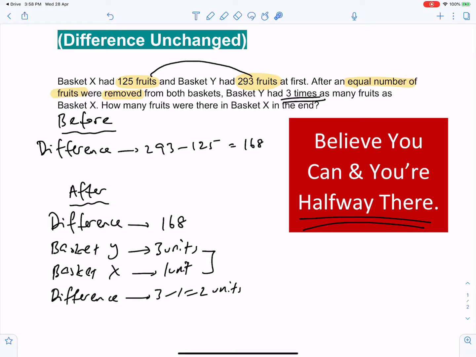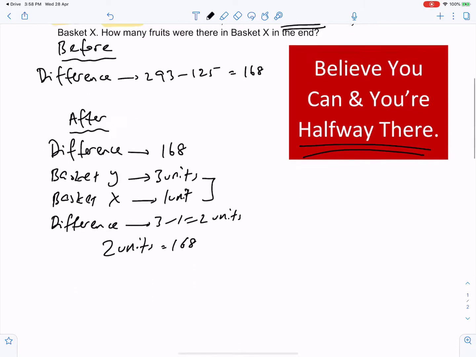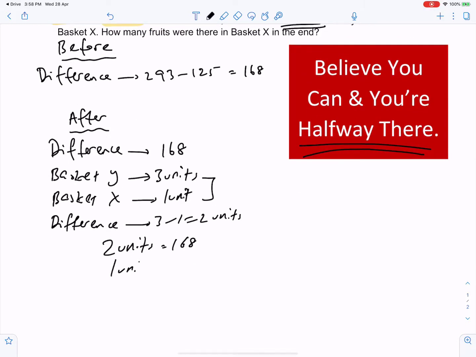So what does this 2 units represent? It represents 168 fruits. How many fruits were there in basket X in the end? In the end, basket X had 1 unit. So 2 units is equal to 168. I can proceed to find 1 unit: 168 divided by 2, 84 is your answer for the number of fruits in basket X.